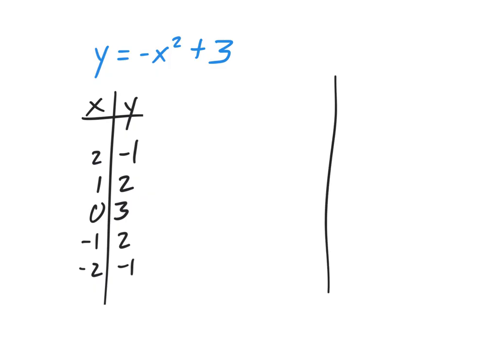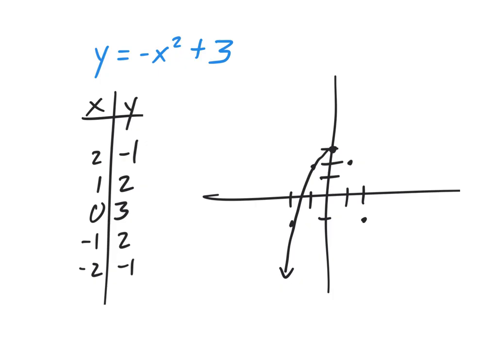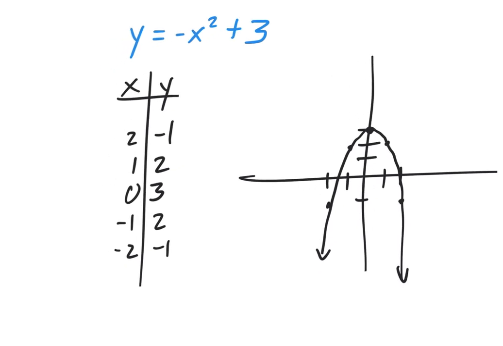Those would be 5 quick and easy points, and I got them right off my calculator. If you want to do the math, then by all means you could, but I'm just trying to show you that you could go a shortcut here. Okay, still a parabola, still a U-shape, just a little bit different location and upside down and that kind of thing.